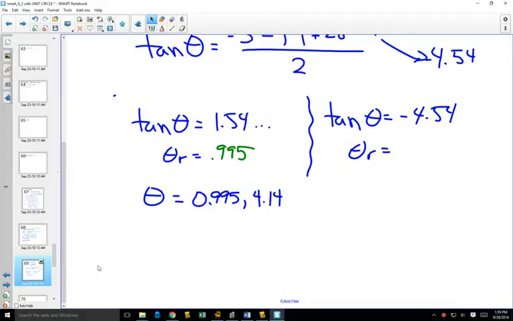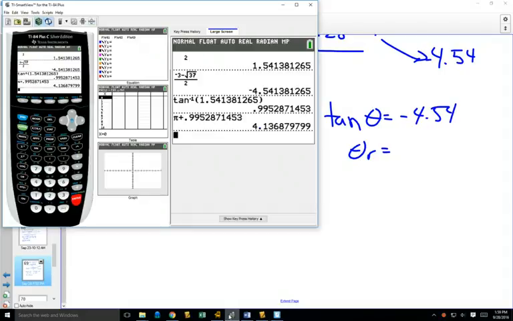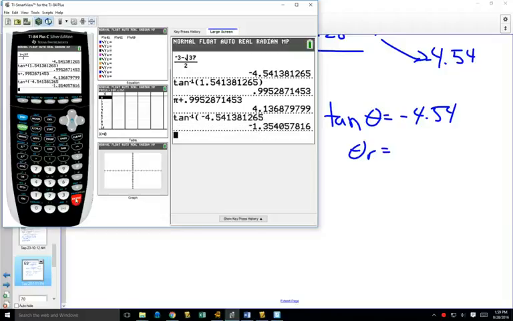For my second angle, I want to go tan inverse, and I'm going to steal this answer from before. What did I do wrong? I used the negative. Stealing that answer from before was good because I kept all those decimal places, but I used the negative.